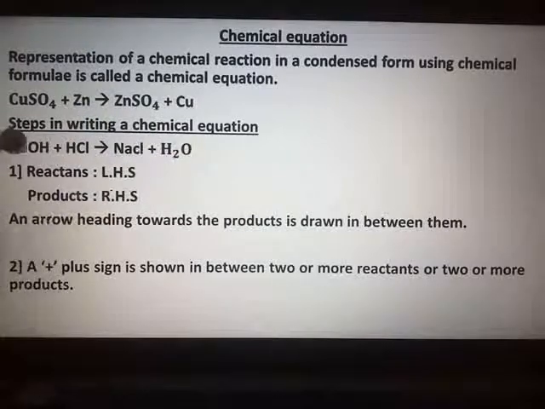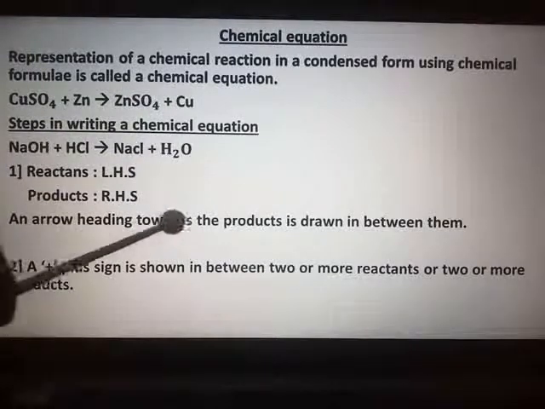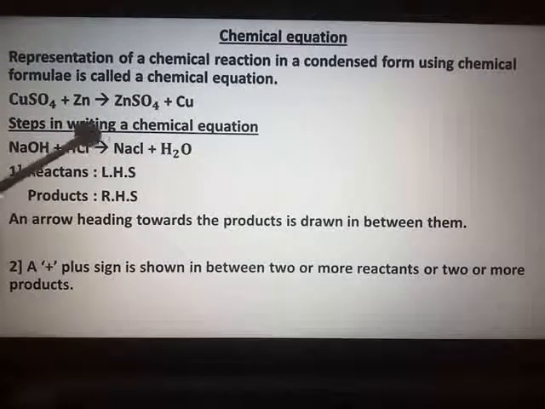Reactants are going to react first and then give the products, so reactants always come first. Left hand side reactants, right hand side products, and an arrow heading towards the products. You can see this arrow, with the head towards the products and the tail towards the reactants, drawn in between the reactants and the products.